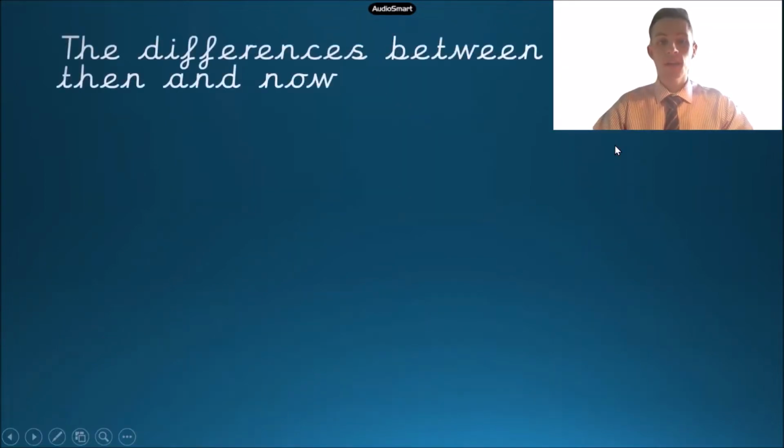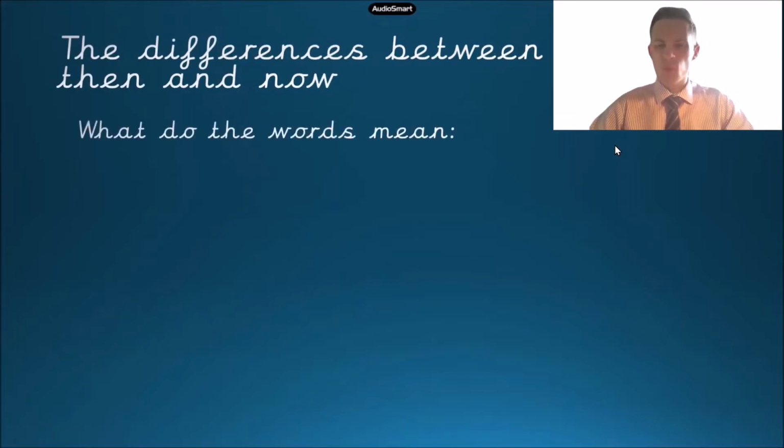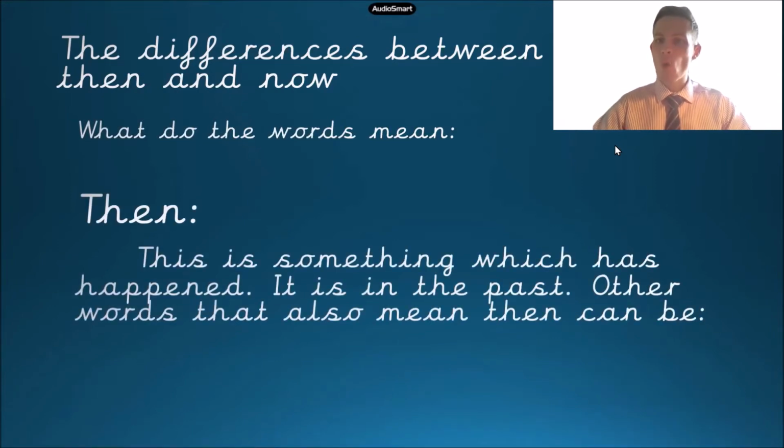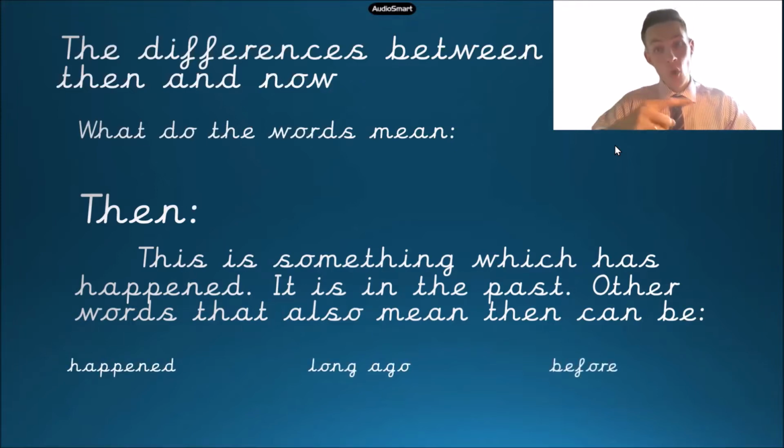Okay, so we're going to start off thinking about the differences between the words then and now. So what do the words mean? Well, then is something that has already happened. It's in the past. Other words that can also mean then are happened, long ago, before, yesterday, and old.